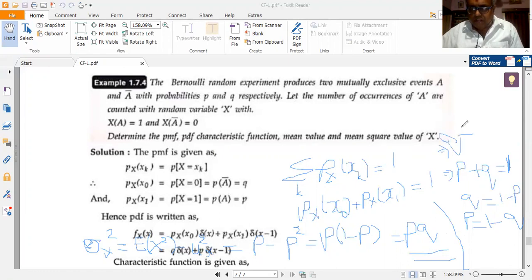So Q is equal to 1 minus P or P is equal to 1 minus Q. So here in the computation of variance, I substitute Q is equal to 1 minus P, which gives me PQ. Okay, this completes the solution of the problem. Thank you very much.